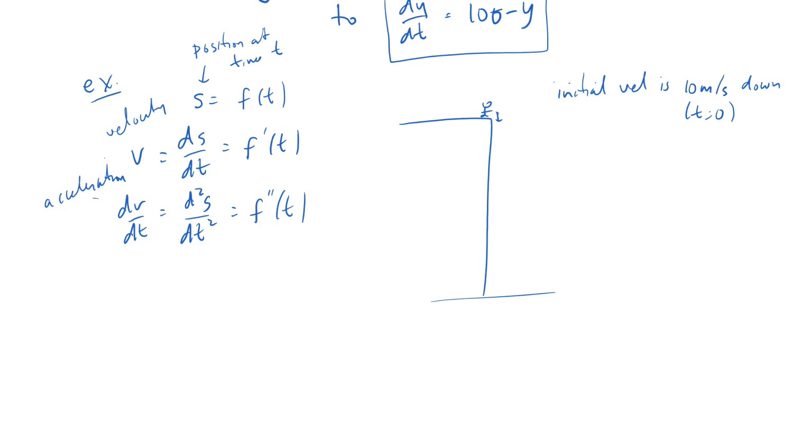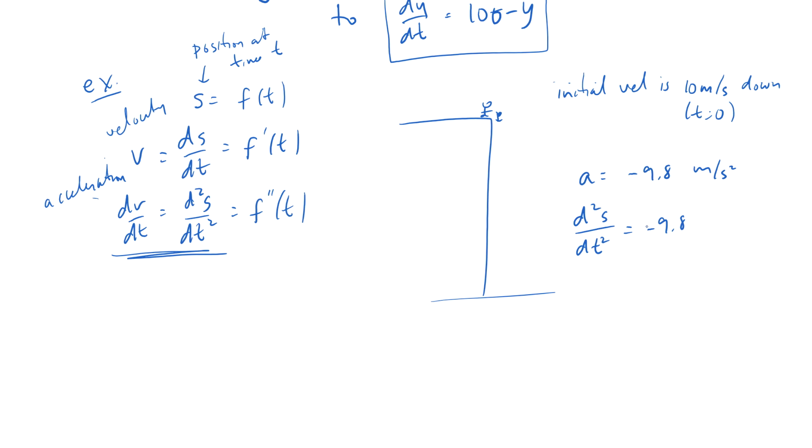Okay, well, I've got this rock sitting here, and I know that rock has gravity acting on it, so I know the acceleration is negative 9.8 meters per second squared, right? And that acceleration is the second derivative of my position, right?